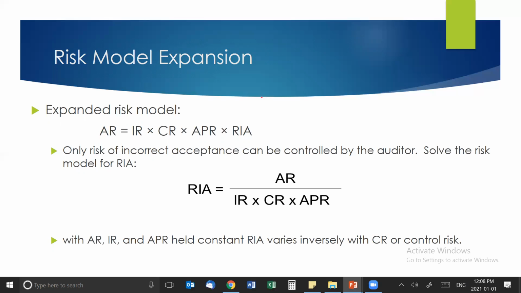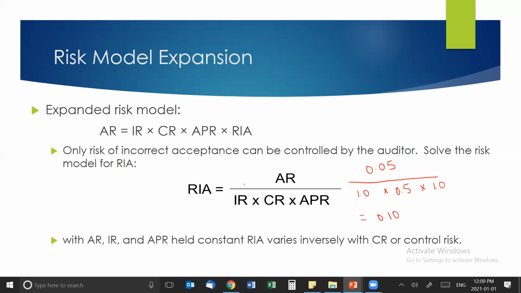For example, if our AR is going to be 0.05, which is usually what we use, and let's say our inherent risk is high at 1, our control risk is medium at 0.5, and we have a risk that our analytical procedures aren't going to find anything, so we're going to make that high as well. If we do this, we're going to get 0.1 as our RIA, which is pretty low, which means we have to do more work.